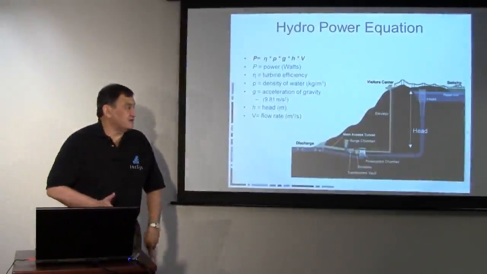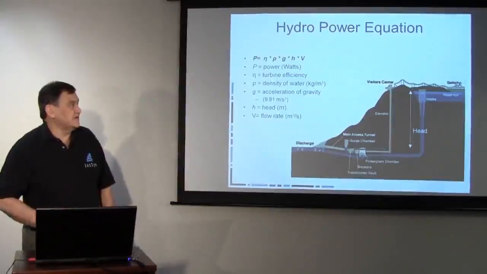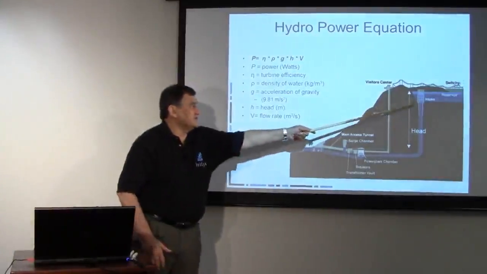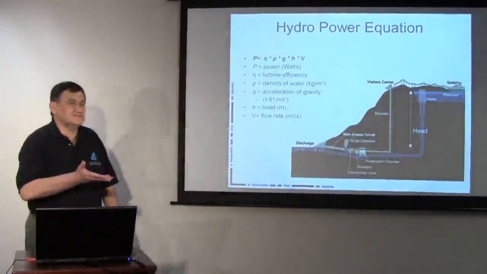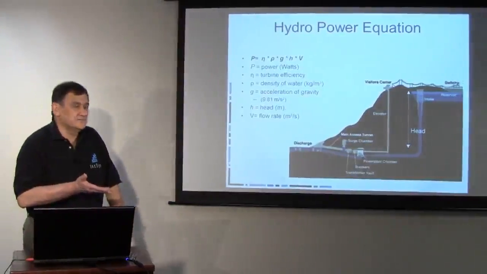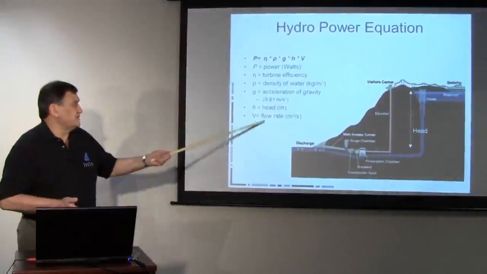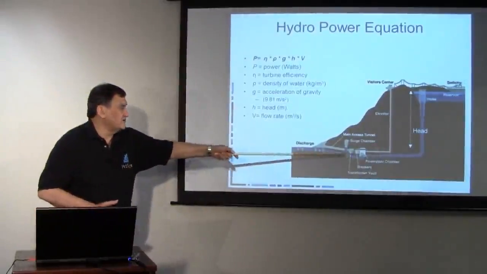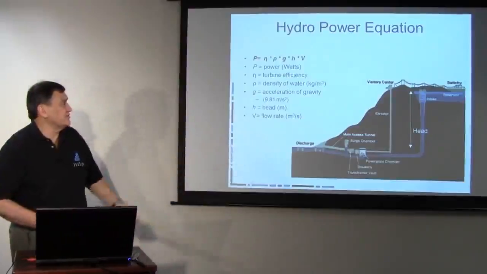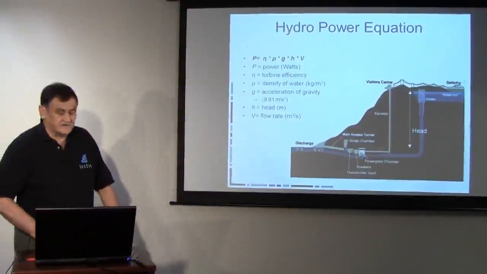As a result of the variation in the height of the reservoir, you may have a different head. As the head increases, you can get more power out of the turbine. And then, of course, the main variable is the flow rate. As you open the wicket gates, you get more flow through the turbine, and that's the primary factor that governs the electrical output.